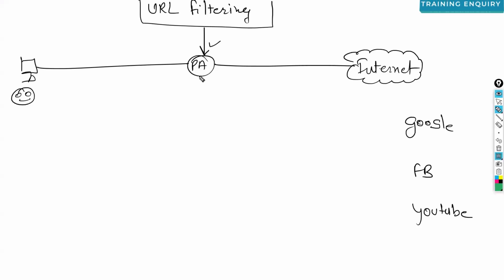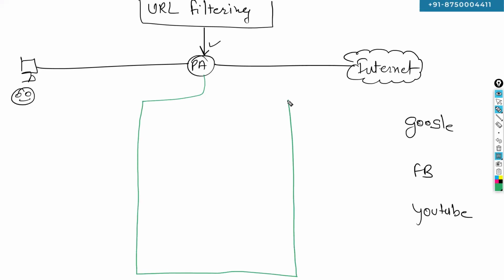When we enable here URL filtering, URL filtering will help us to control the URL available on the internet.